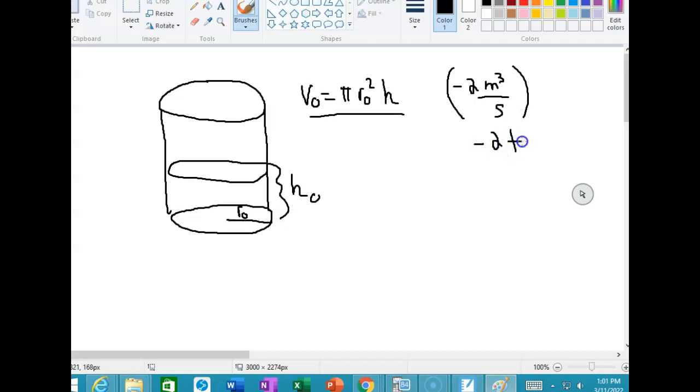You'd have to rewrite this as minus 2t. So let's say I wanted to write down a volume equation that represents I'm initially starting with this much fluid. So that's going to be this value here.